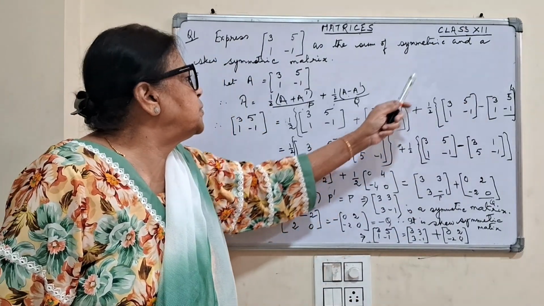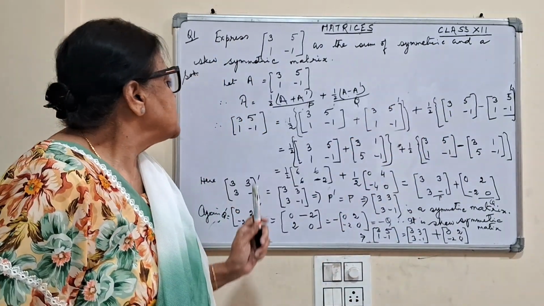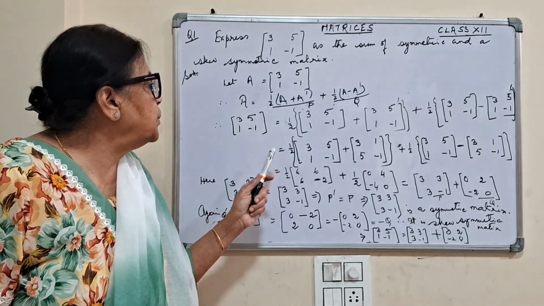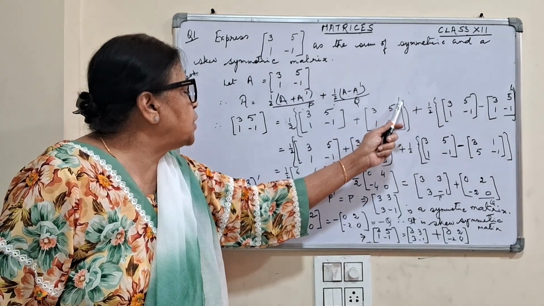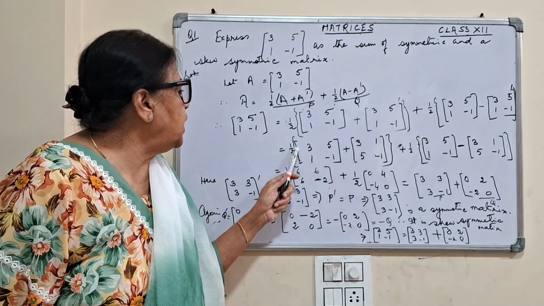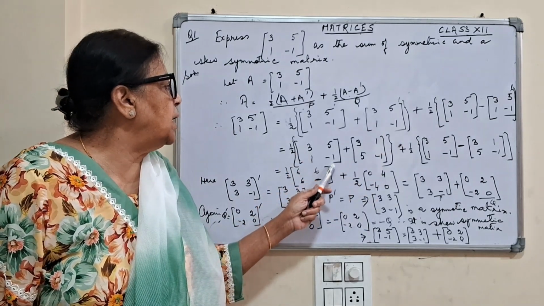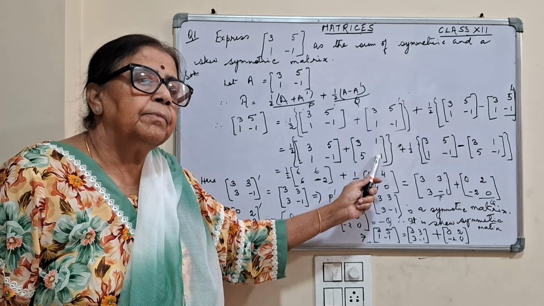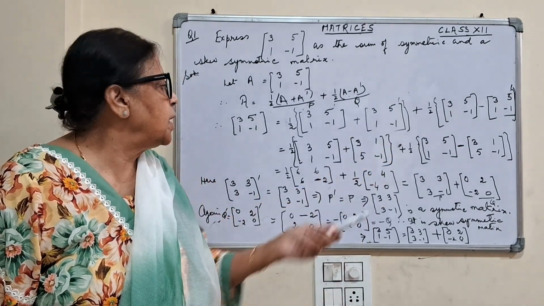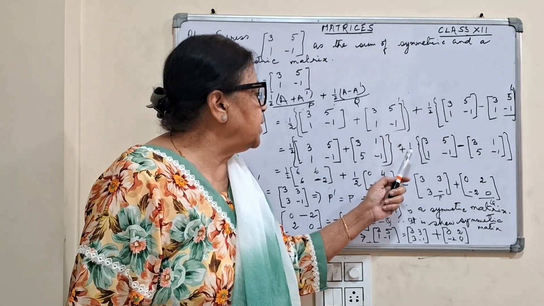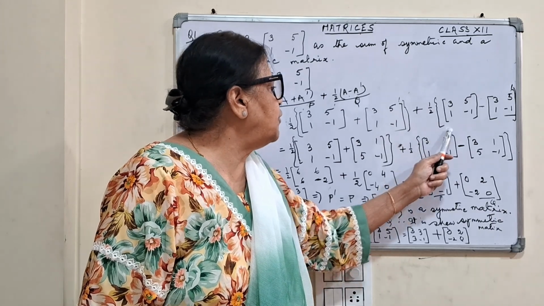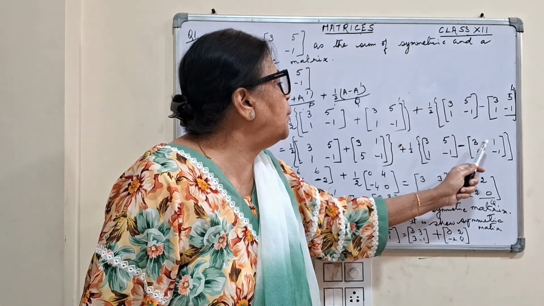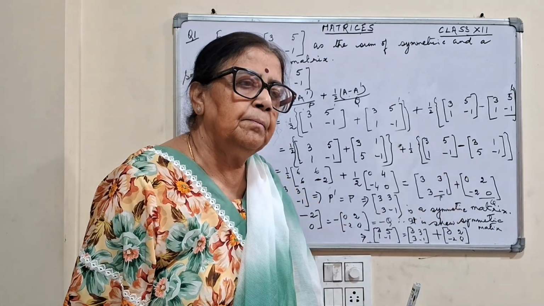That is equal to half of [3, 5; 1, -1] plus [3, 1; 5, -1], we have just transposed, and plus half of [3, 5; 1, -1] minus [3, 1; 5, -1].